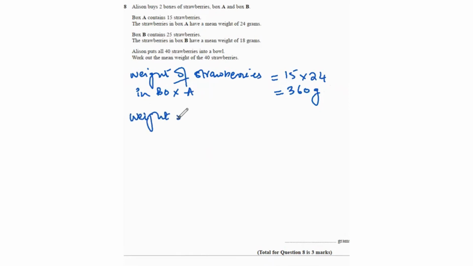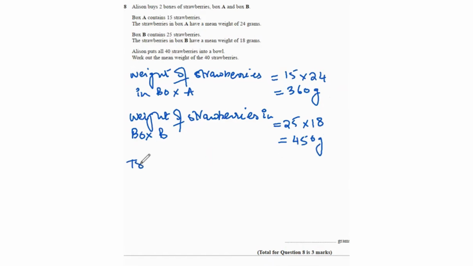Then the weight of strawberries in box B. Same steps. We multiply the number of strawberries by the mean weight. So 25 times 18, which gives us 450 grams.